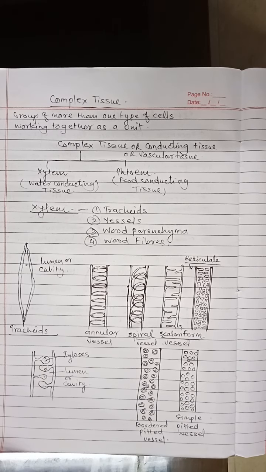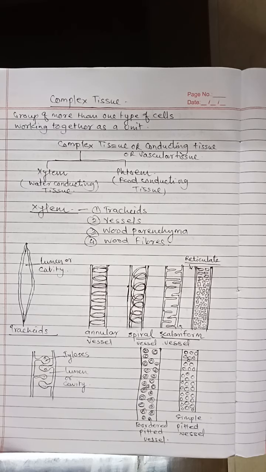The next is wood parenchyma or xylem parenchyma. Parenchyma cells in the xylem are called xylem parenchyma or wood parenchyma. The wood parenchyma is living tissue associated with dense dead tracheids and vessels.